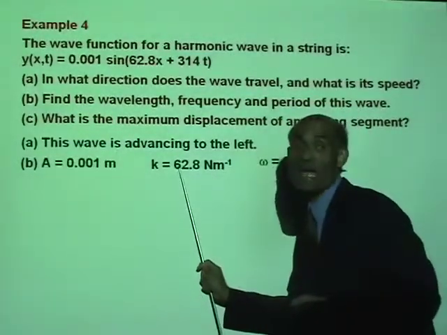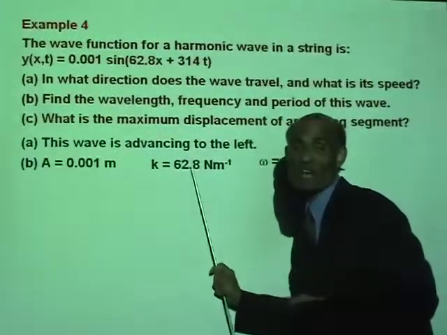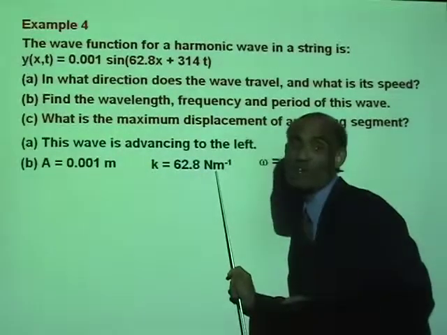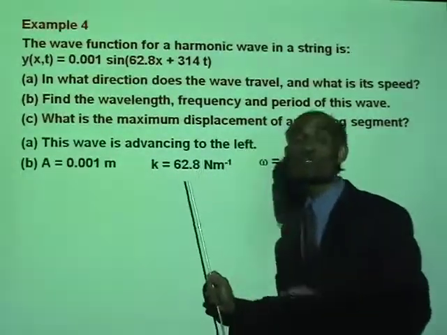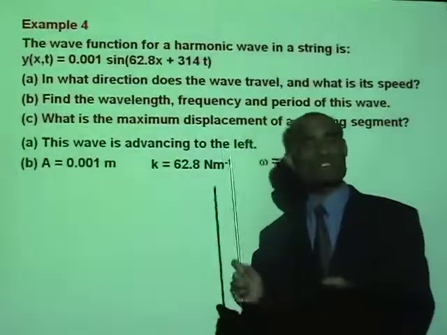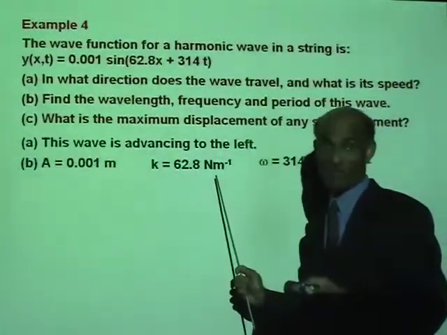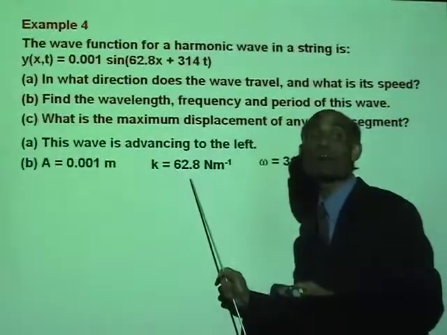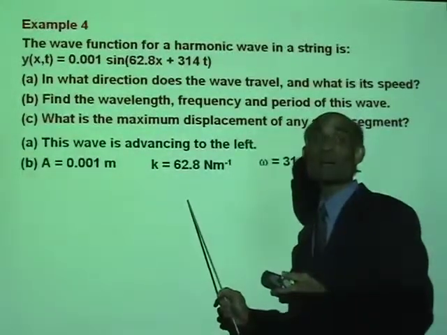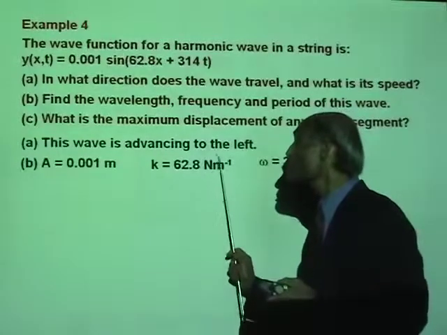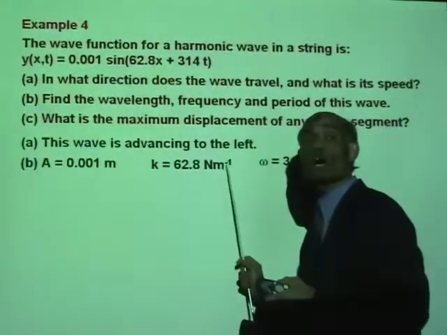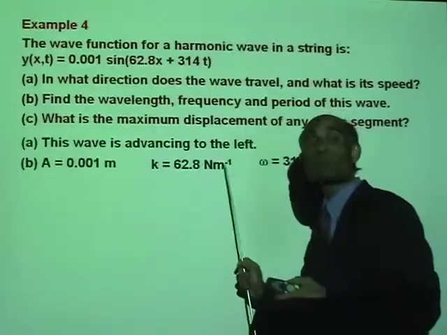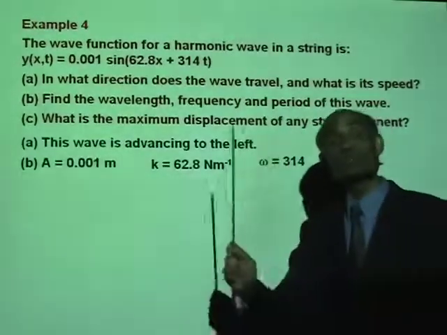Now, is K in Newton per meter? I know I told you not to confuse this K with the spring constant K, and I did actually. This K is the wave number, which is 2 pi divided by lambda. So there is no Newton there, it will be per meter. The unit for K will be per meter, not Newton per meter.